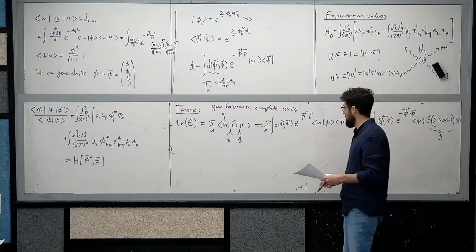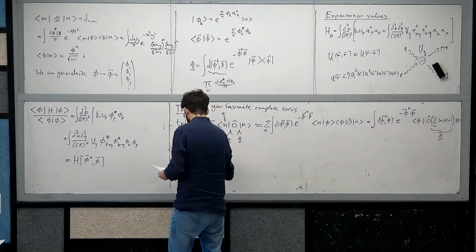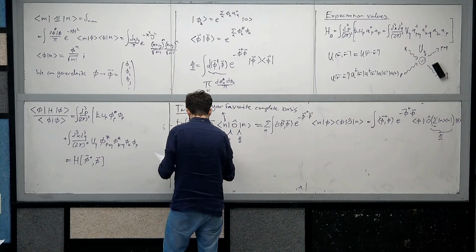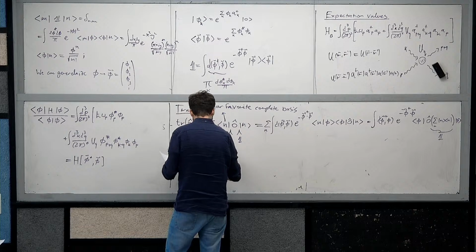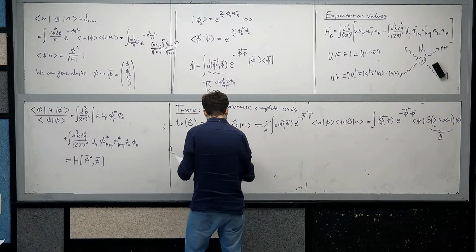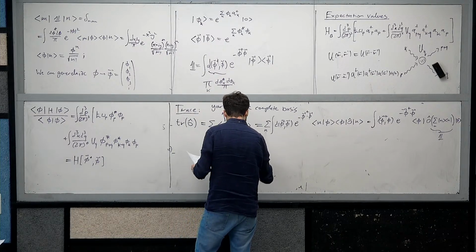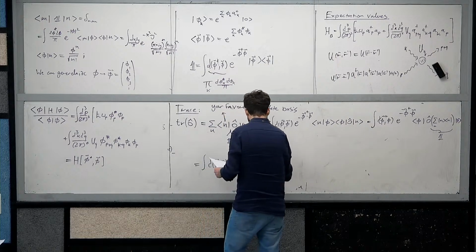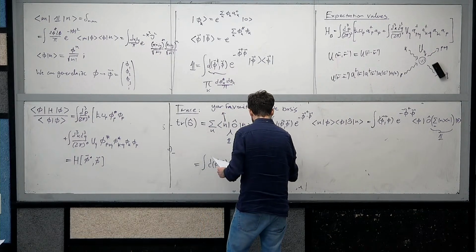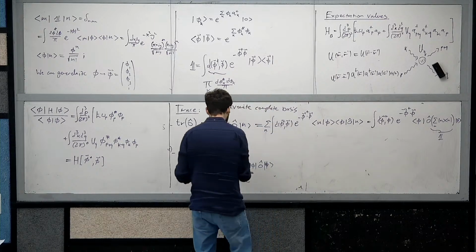So then we're left with the integral d phi dagger phi e to the minus phi squared, phi O phi. So this is a trace.